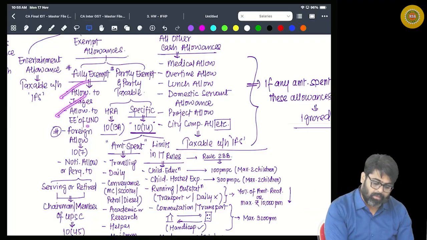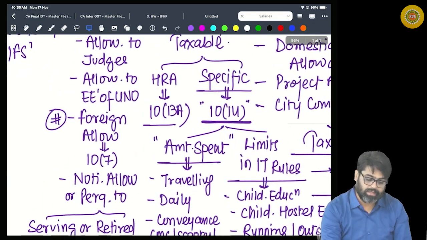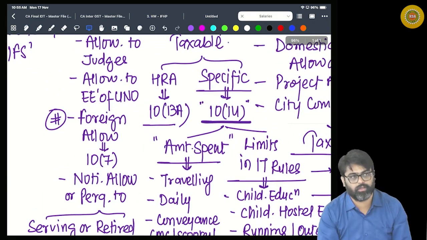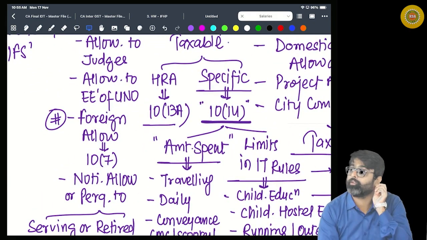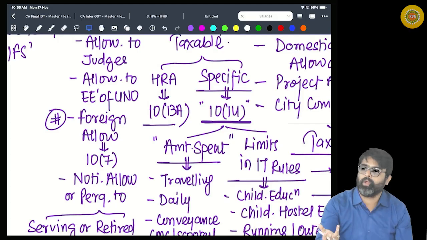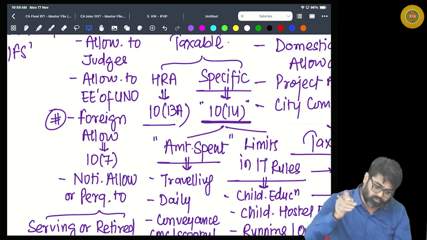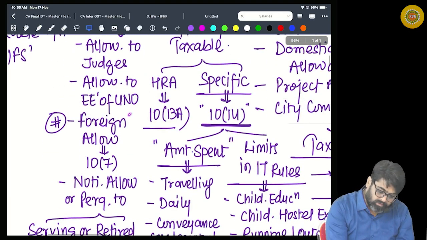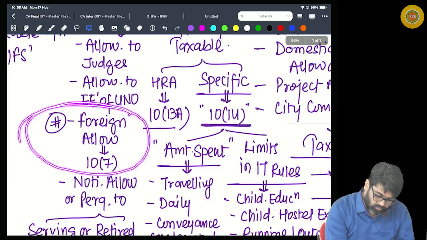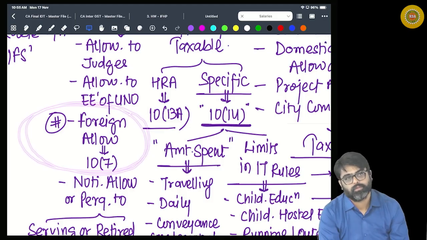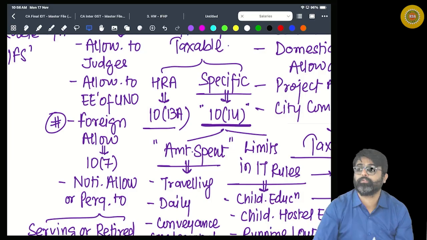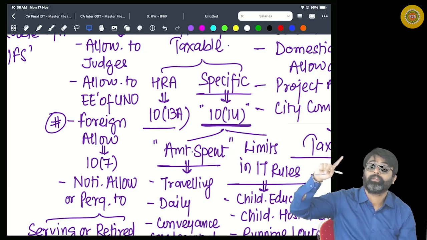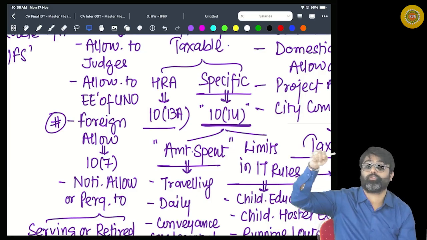Allowances received by employees of the United Nations Organization, UNO. You might have heard about UNO, yes or no? So if you are an employee of UNO and you are given allowances, that allowance is fully exempt. Now this allowance you are supposed to remember: foreign allowance. I have already explained this while doing the second chapter, residential status and scope of total income.